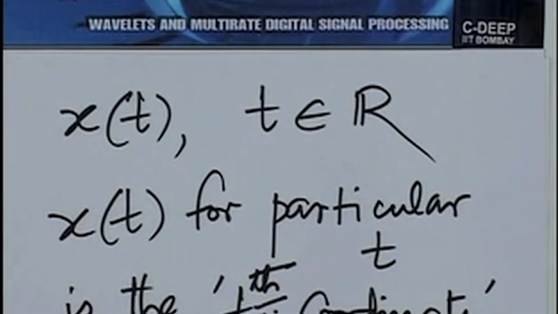And there is an uncountably infinite number of such coordinates indexed by the real numbers. So, in principle, in a given function, you have complete liberty to put down the value of x t at every different point t. The only catch is we have agreed that we would like to make the function square integrable. So, that does put some restriction on x t, but not a very serious one even so.